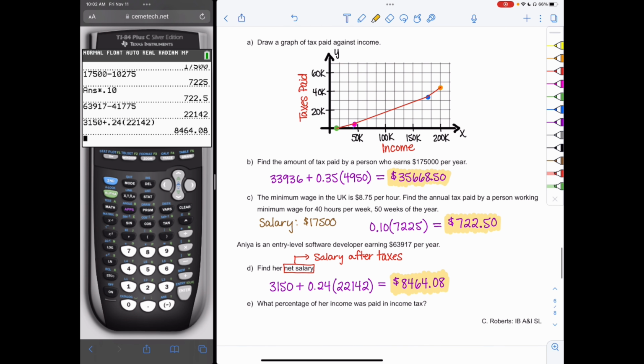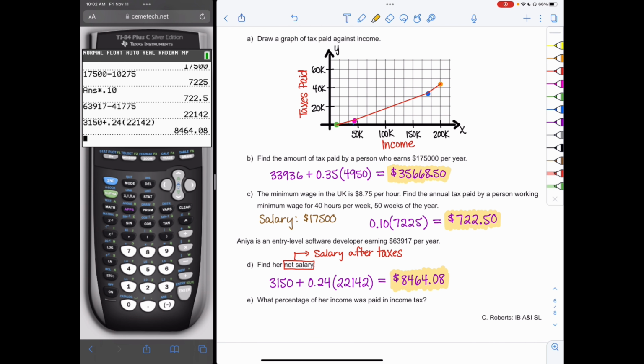Right? And then it says for part E, what percentage of her income was paid in income tax? Well, she paid $8,464.08, and she paid that out of the $63,917 that she made.